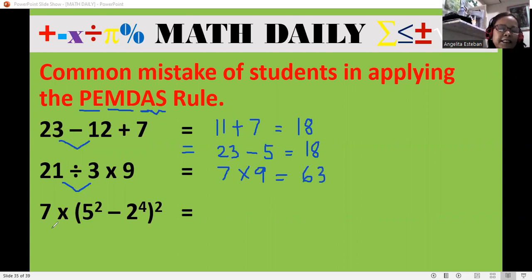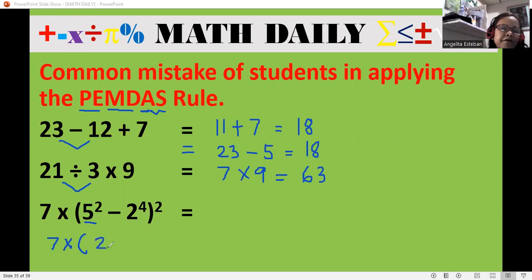And then for the last problem, we have to do first those which are inside the parentheses. But if you take note, those numbers inside your parentheses are exponential numbers. So if that is to be done, this simply means that the 5 squared must be solved first, giving us now an answer which is equivalent to 25.